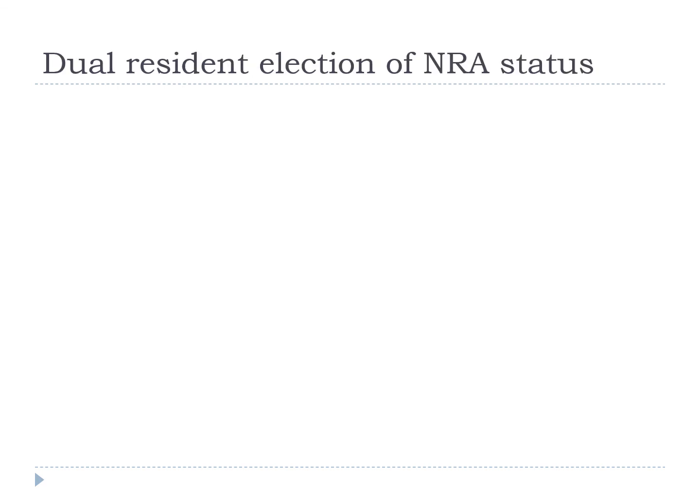The next topic is the determination of U.S. resident status for dual resident aliens and the right of a dual resident to elect to be classified as a non-resident alien.